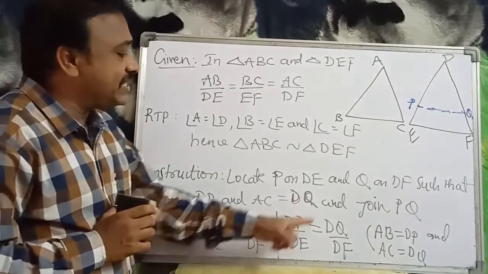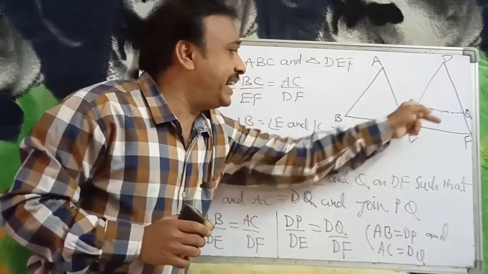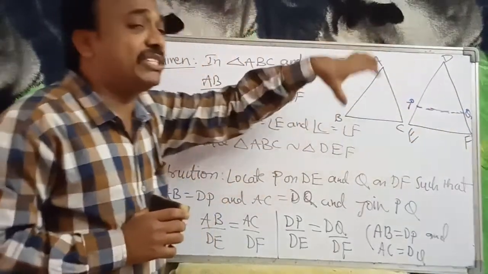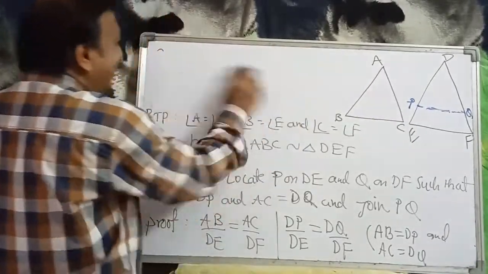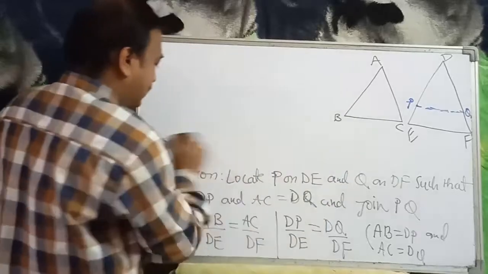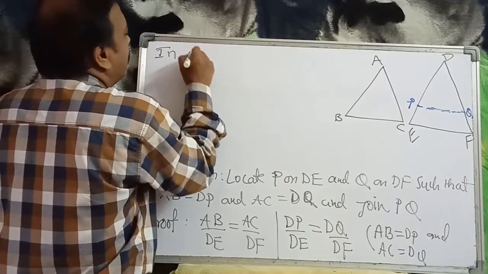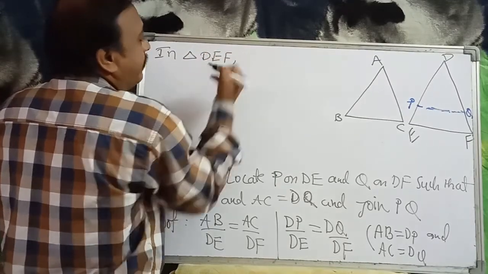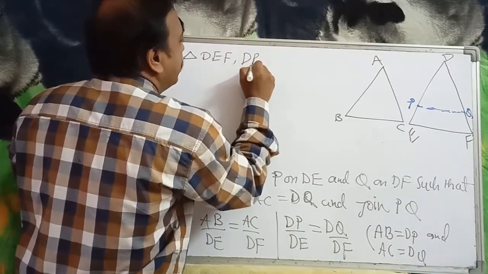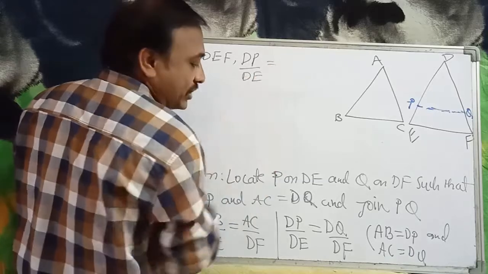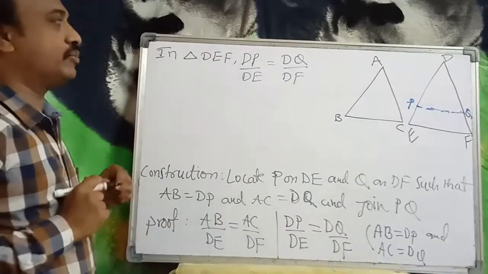So we got DP by DE is equal to DQ by DF. That is in triangle DEF.